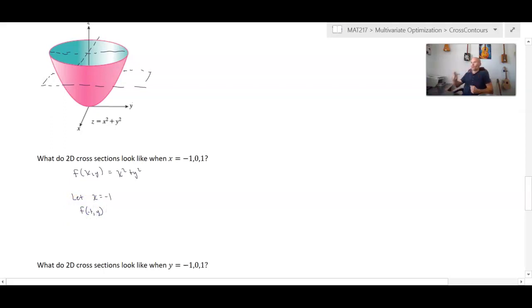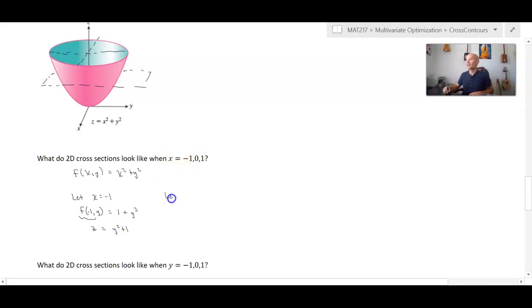So all I'm doing is plugging in a value for x, but not for y. I get negative 1 squared, which is 1, plus y squared. So in other words, this is just a symbol representing z. I get z equals y squared plus 1.